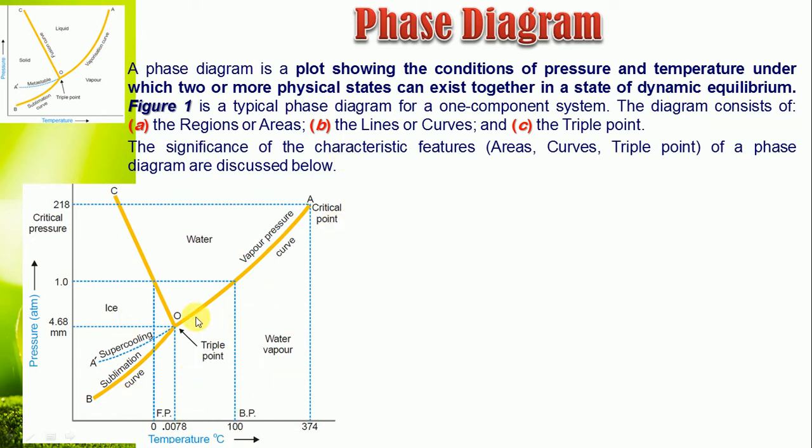Another component of the phase diagram is lines or curves. You can see that there are three lines: OA, OC, OB, or you can say BO, CO, AO. These are the three lines of this phase diagram. And then the triple point. This point is the triple point. So let's move on to the discussion of the phase diagram.